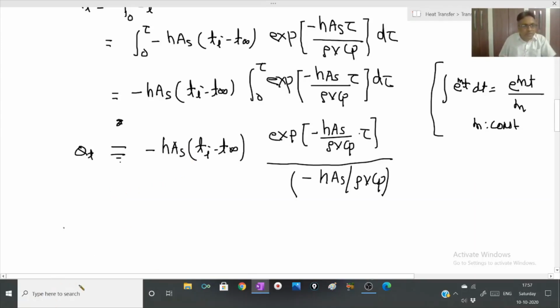So let us simplify this. As you can see here, minus hAs will get cancelled by this, and I can take this rho VCp in the numerator, so it will become rho VCp into Ti minus T infinity.